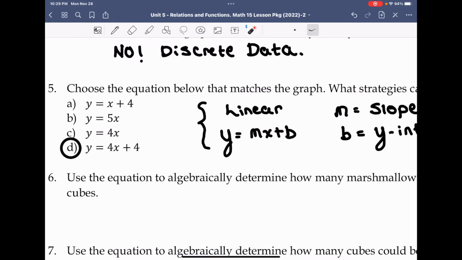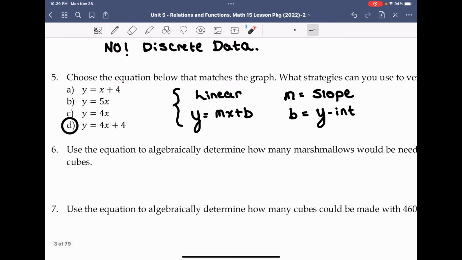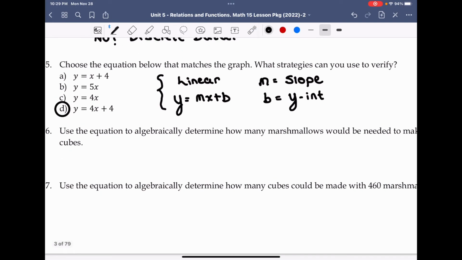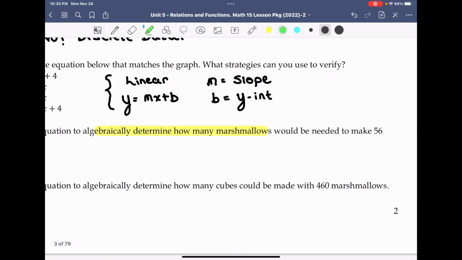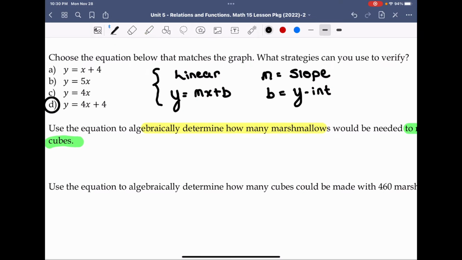Now, let's use this equation to extend beyond the context of this problem here, or beyond the data points that we've already come up with. So they say use the equation we found just above to algebraically determine how many marshmallows would be needed to make a 56 cube diagram. So what we want to do is label what these variables are actually asking for. How many marshmallows?